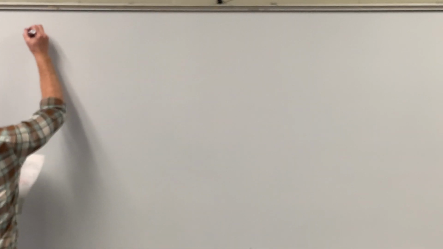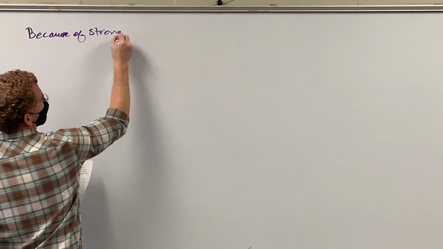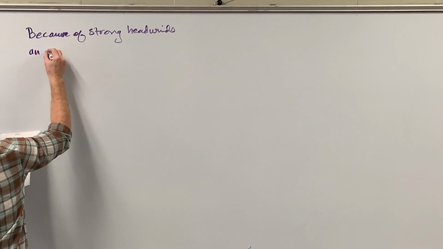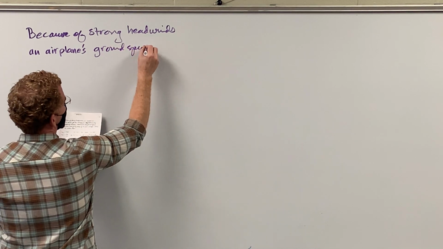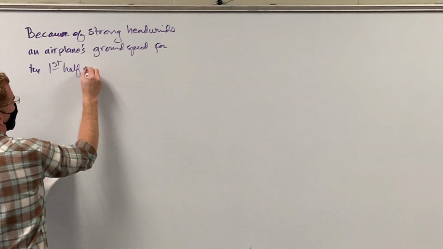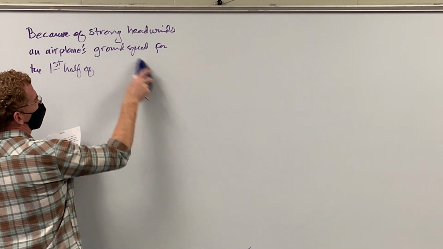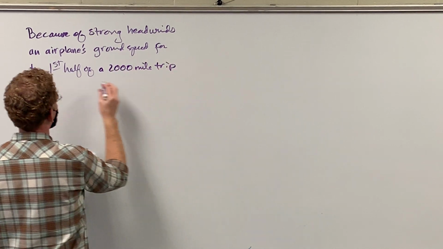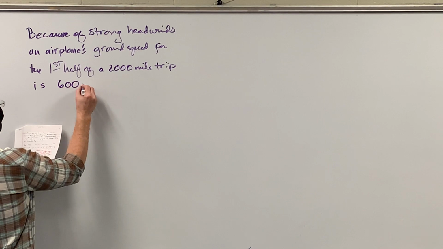Okay, so what if I told you this? What if I told you, I should have this typed out, but because of strong headwinds, an airplane's ground speed for the first half of a 2,000-mile trip is 600 miles per hour.